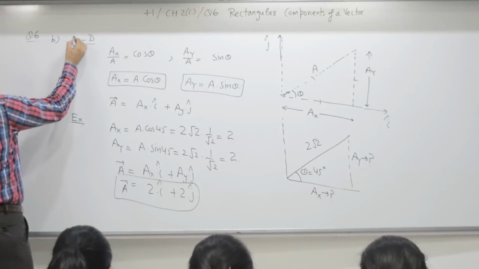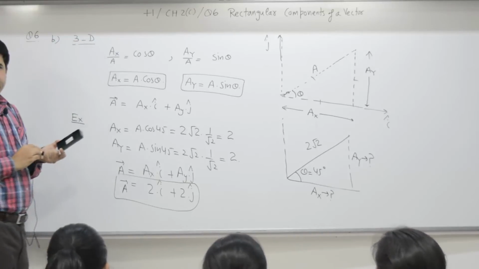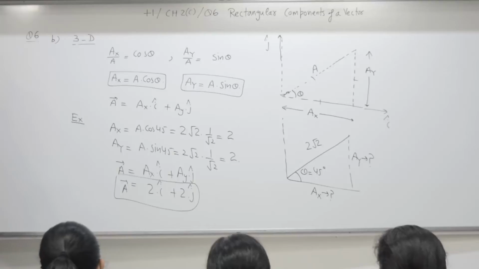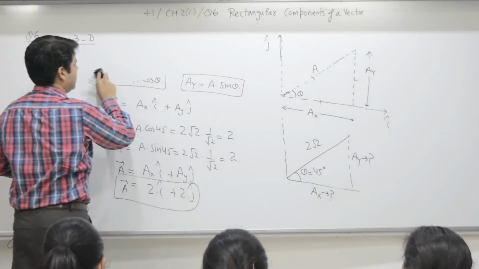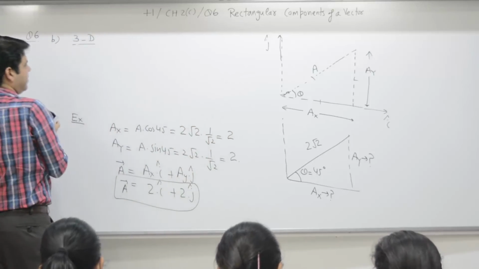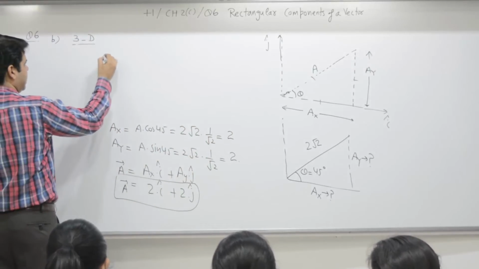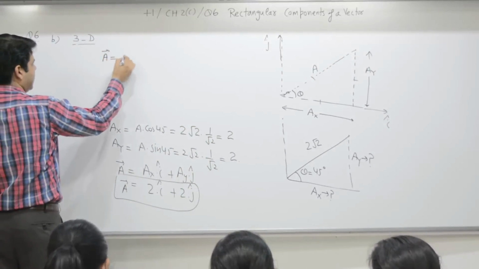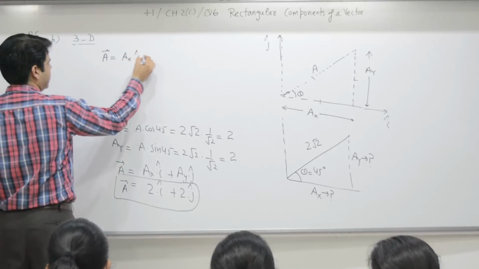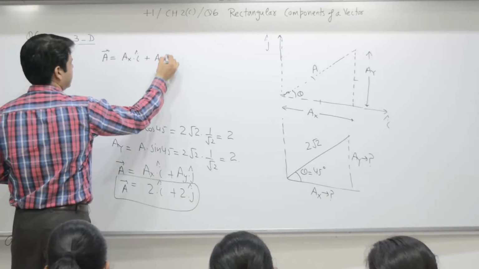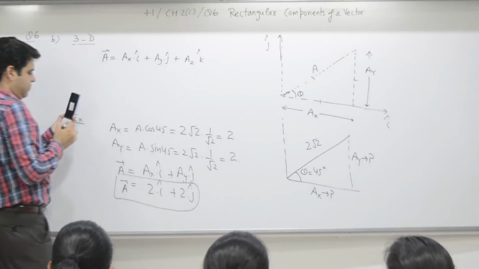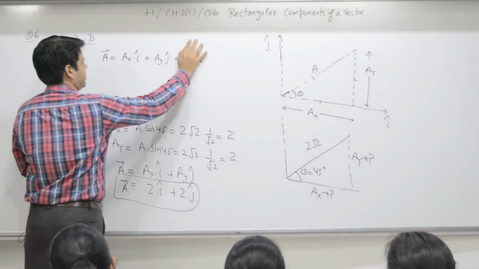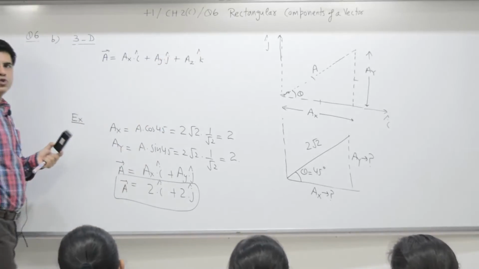For 3D, 3 dimension, if you write a vector A as Axi plus Ayj plus Azk, most of the time you deal with the 2 dimensions, not this one, but you have questions.